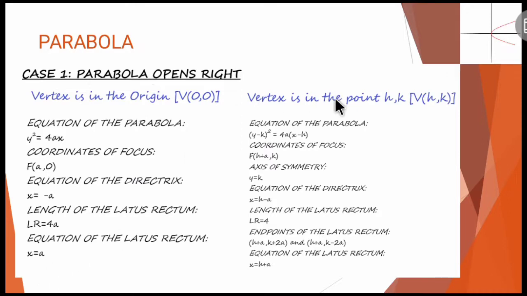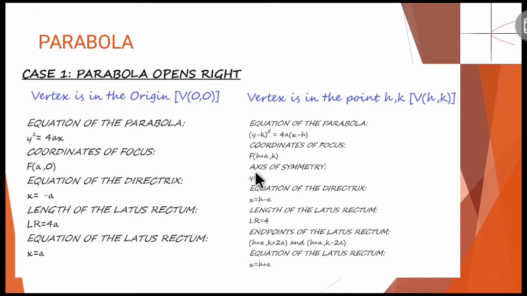What if the parabola opens right and the vertex is at the point (h, k)? The equation of the parabola is (y minus k) squared equals 4a times (x minus h). The coordinates of the focus are (h plus a, k).